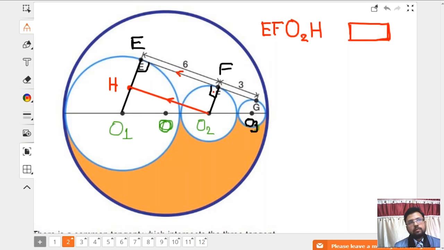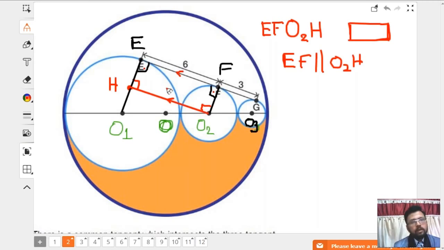Because this is 90, this is 90, and we constructed EF parallel to O2H. So they are parallel, therefore this also becomes 90 and 90. So it becomes a rectangle. Till here, is it clear? It's a construction, guys, because of which EFO2H becomes a rectangle.